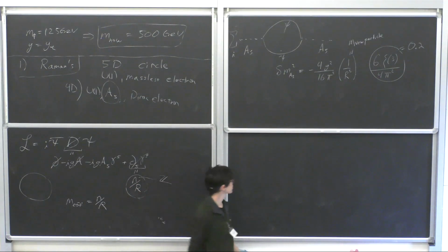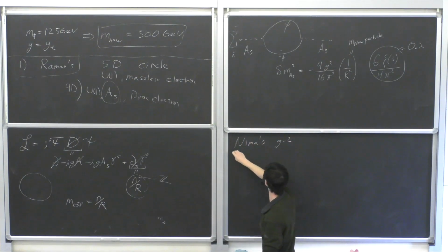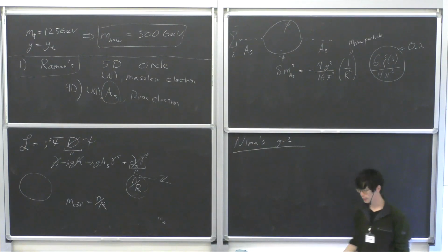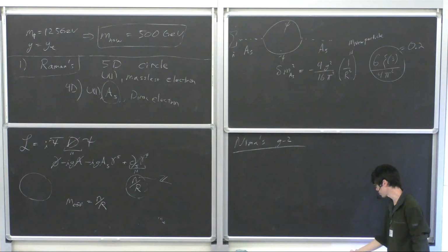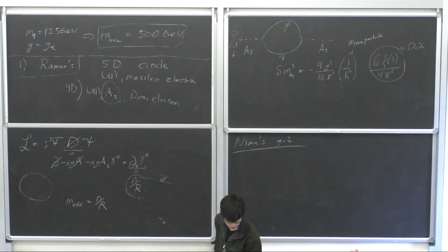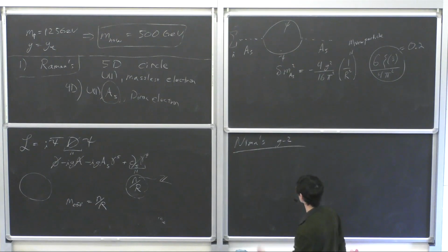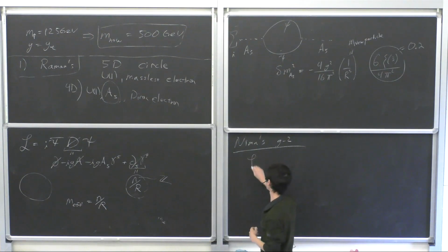Great. This example is from Nima's g minus 2, and he explains it in a pretty crappy manner, so hopefully I'll give you a better way to think about it. Okay, so here's going to be my toy model.